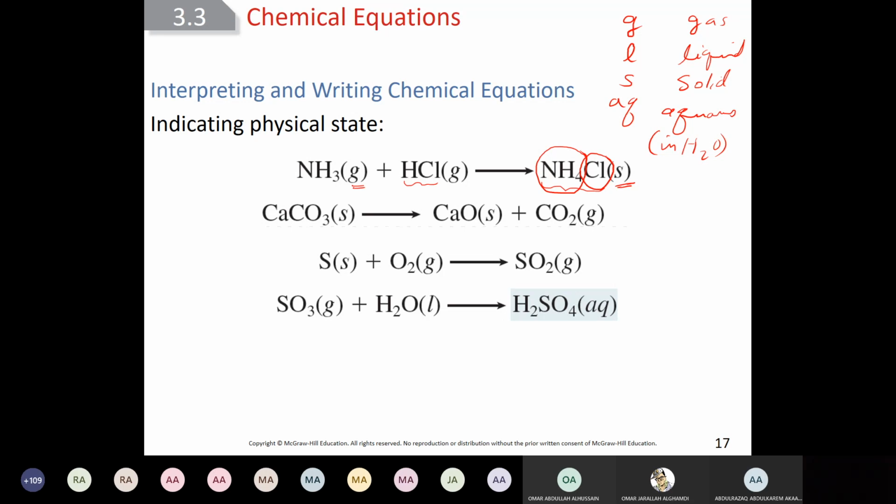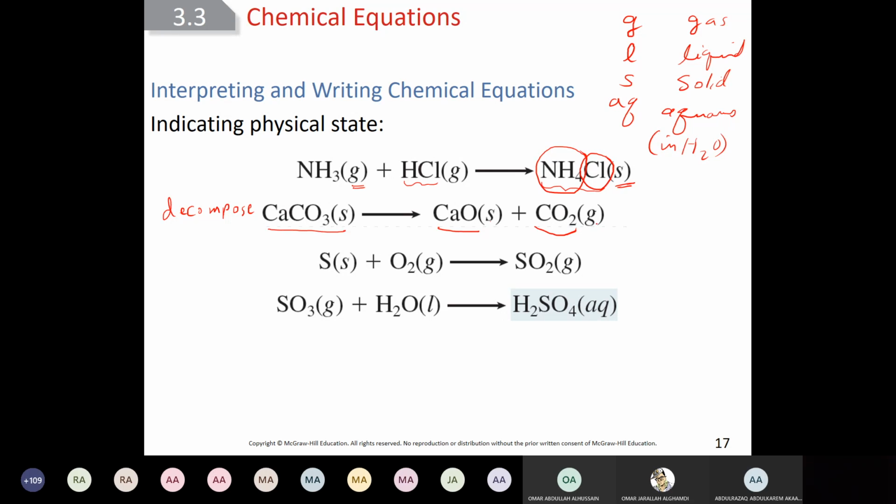And here we say that calcium carbonate solid decomposes to give you calcium oxide solid plus carbon dioxide gas.